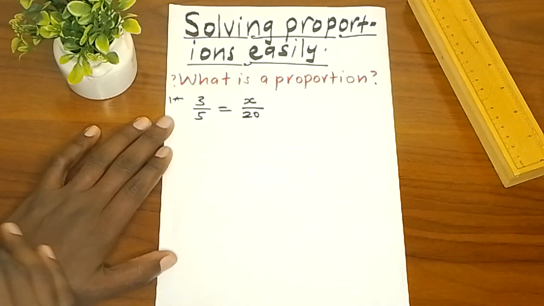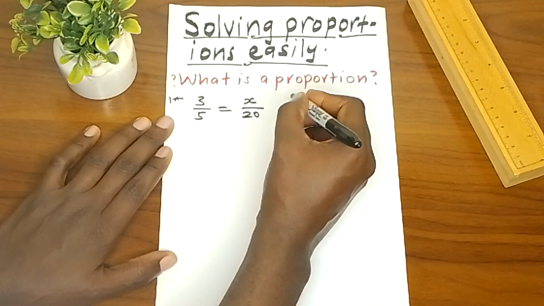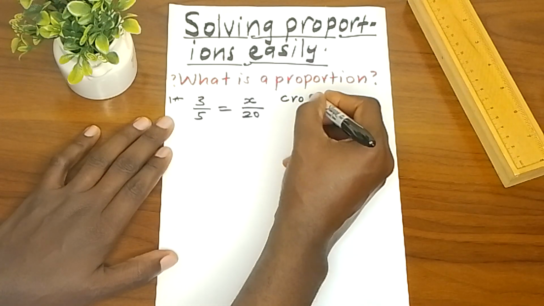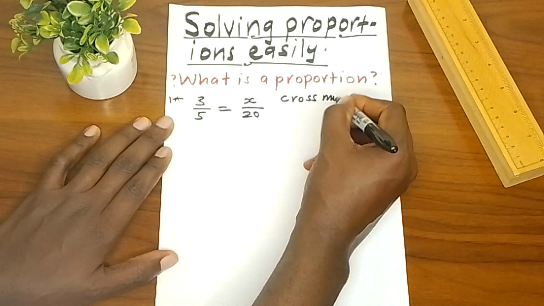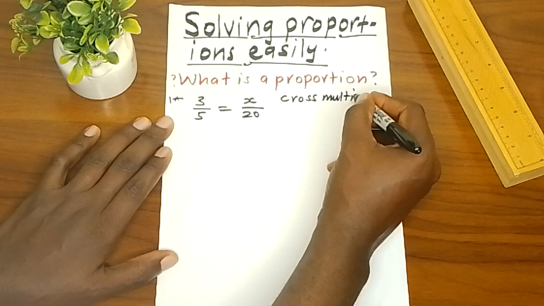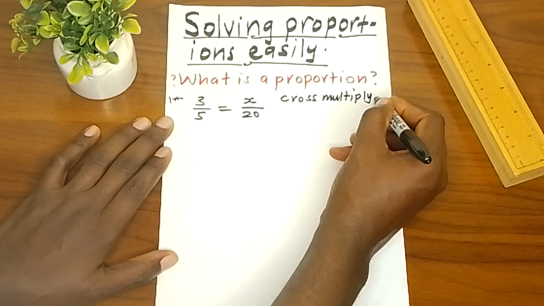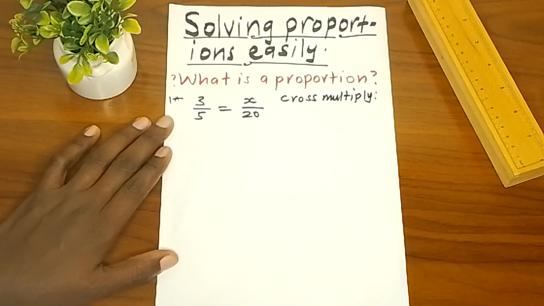So this is a proportion, and as we have said, we are going to use cross multiplication, which is so common when dealing with proportions. Cross multiply these numbers. What do I mean by cross multiplying?